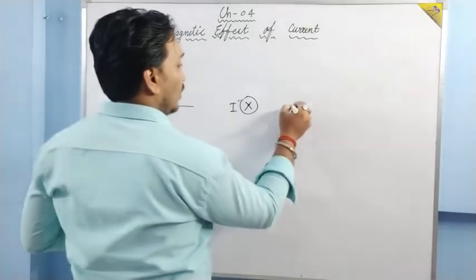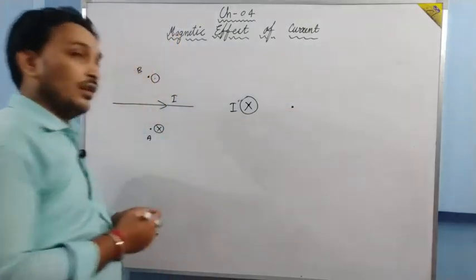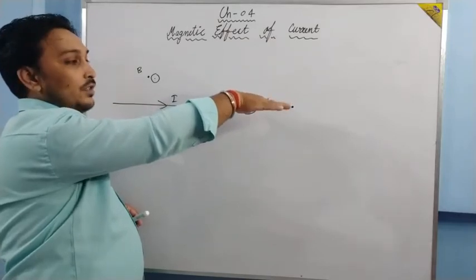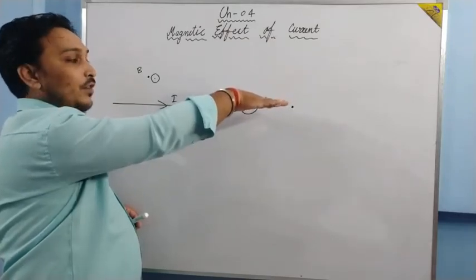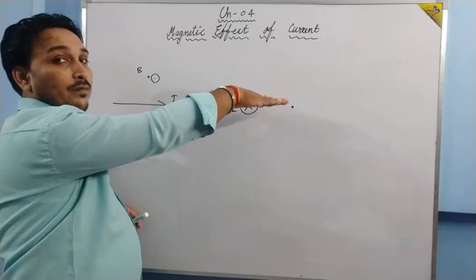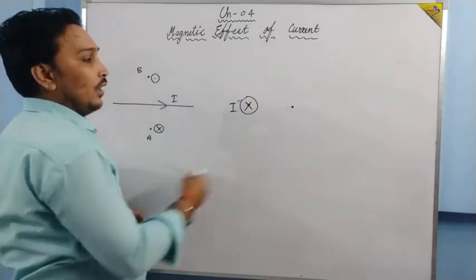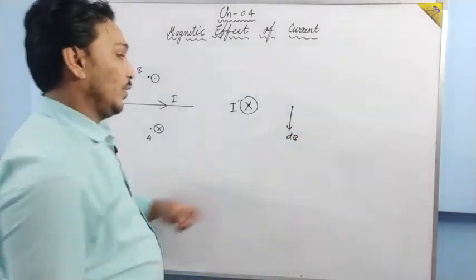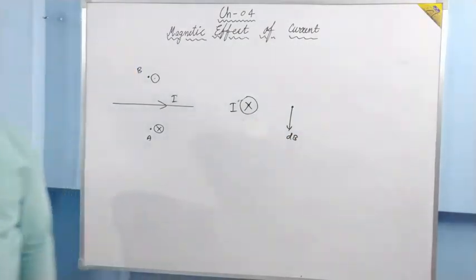If I want to know the magnetic field at this point, then you have to keep the thumb towards the current, and all these fingers towards the point at which the magnetic field is to be determined. Where is the palm facing? Downward. Here the magnetic field will be downwards.